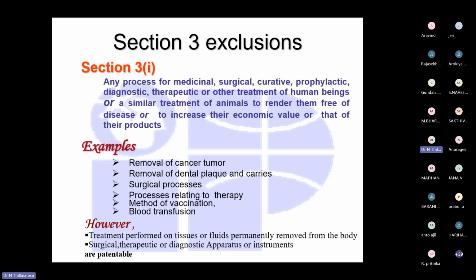Section 3 exclusion, 3A: any process of medicine, surgical, curative, prophylactic, diagnostic, therapeutic or other treatment of human beings, or similar treatment of animals to render them free of disease or to increase their economic value. If you are curing any kind of disease by a method or type of medicine, it is not patentable.